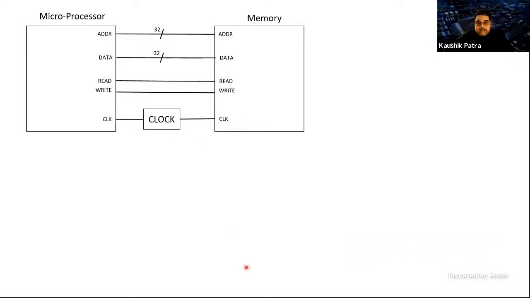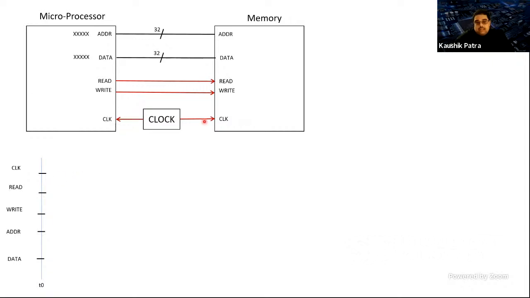So we introduce that. And now let's try to understand some of the operations and interaction between microprocessor and memory. Let's say we start at time 0. At that time point, we note down the logic values of these different signals.